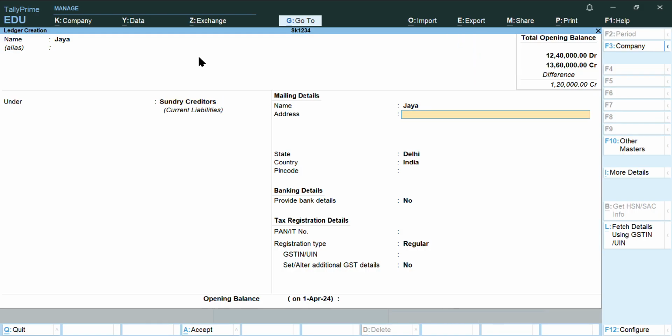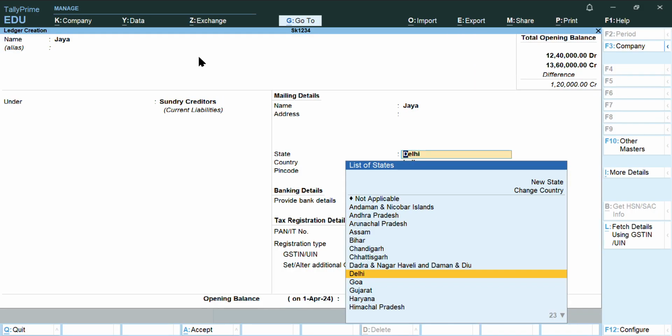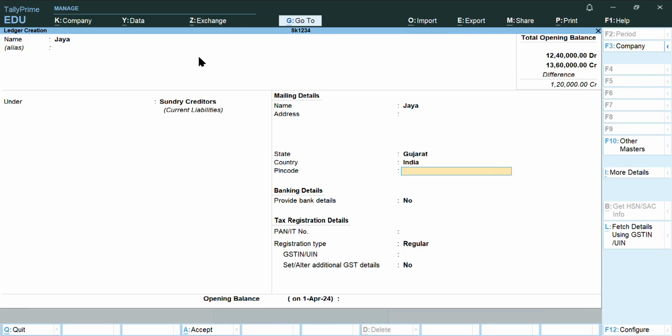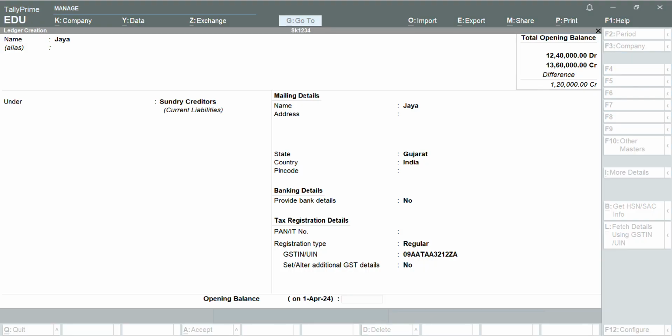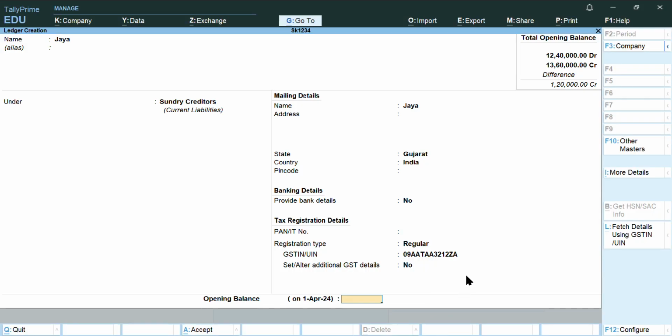Sundry creditor is fine, but the person is not from Delhi. So let it be from Gujarat. And regular. Here we fill in the regular GST number, and then finally the amount, which was 1,40,000. Enter. Okay, so now we have created all the sundry debtors and creditor accounts.